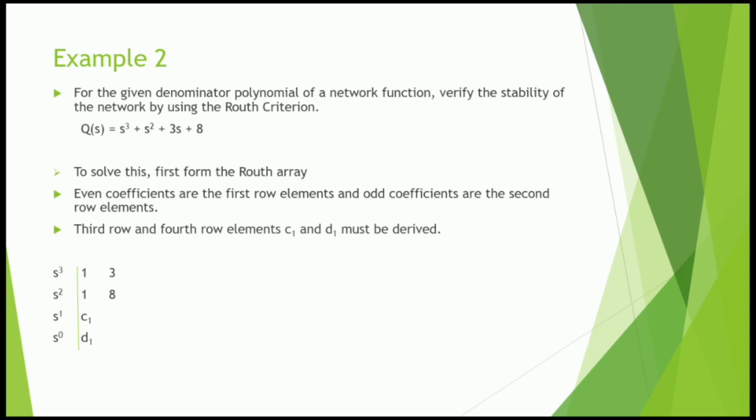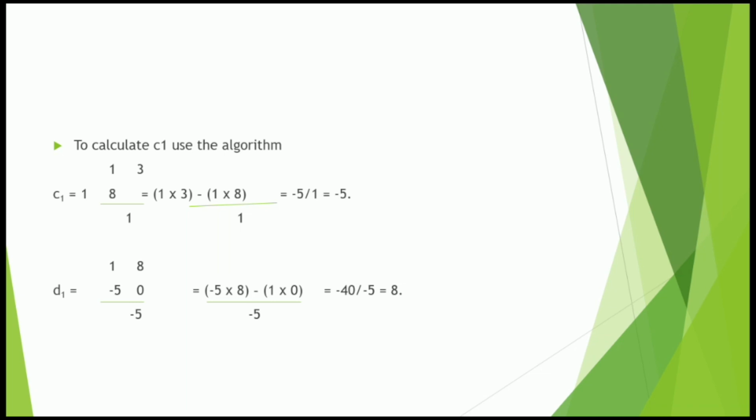To find this C1 and D1, we use the algorithm. C1 is equal to the determinant of 1, 3, 1, 8 divided by 1, which is equal to minus 5. And D1 is equal to the determinant of 1, 8, minus 5, 0 divided by minus 5, which is equal to 8.